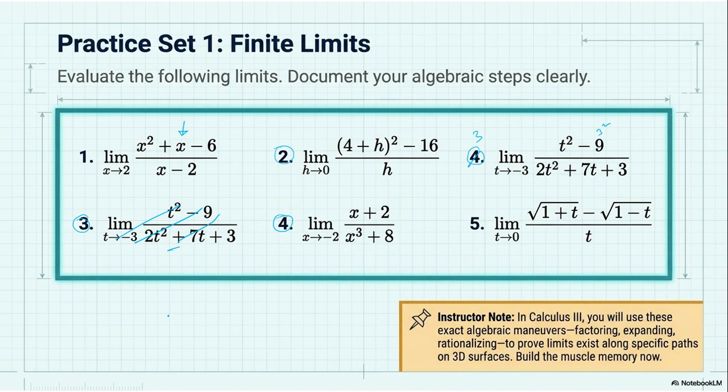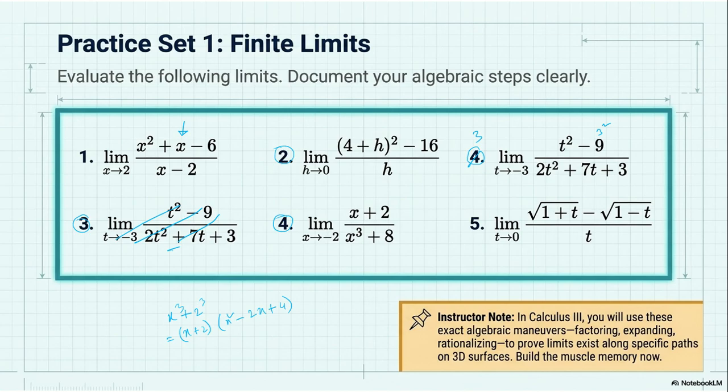That will be x cube plus 2 cube, right? So x plus 2 and then x square negative 2x then plus 4.